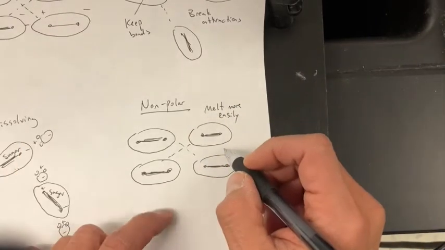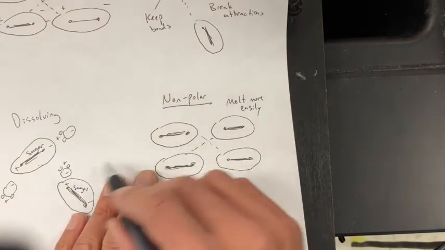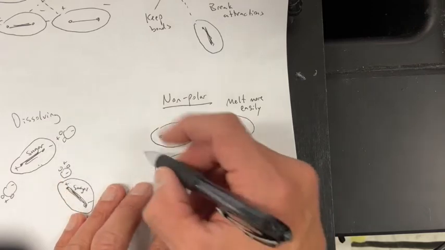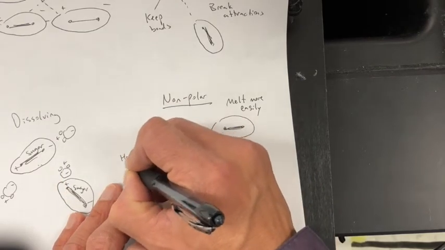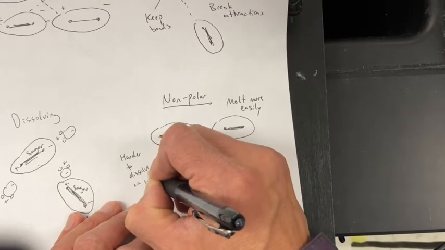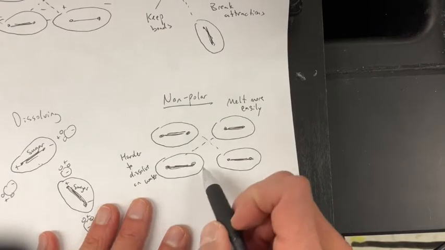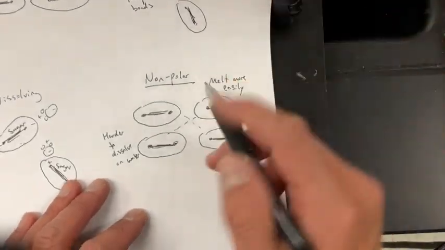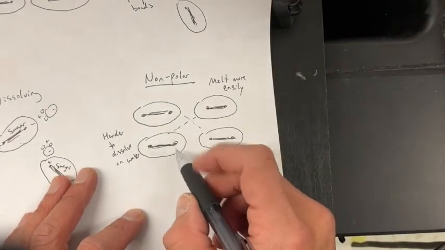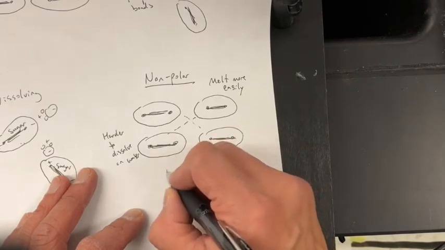They evaporate more easily. Do they dissolve in water? It's harder to dissolve in water because we don't have charges here. But if I dissolve it in something non-polar, I can dissolve this in a non-polar substance.